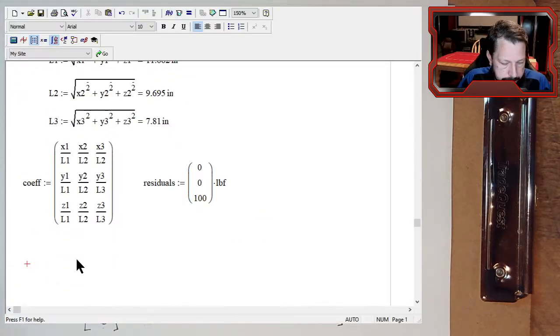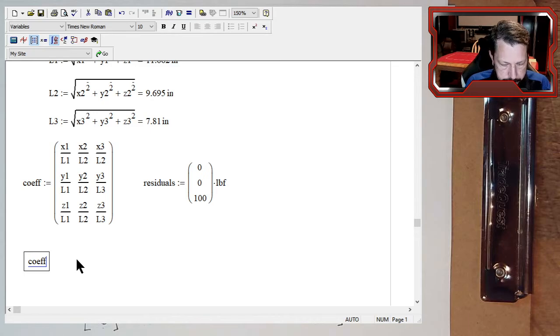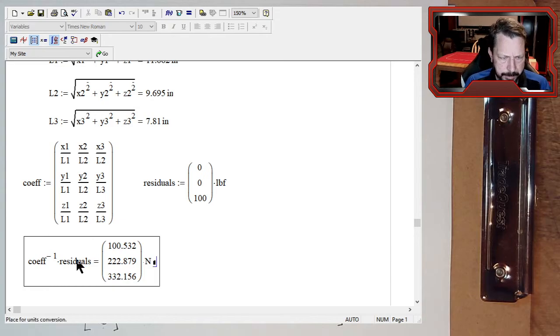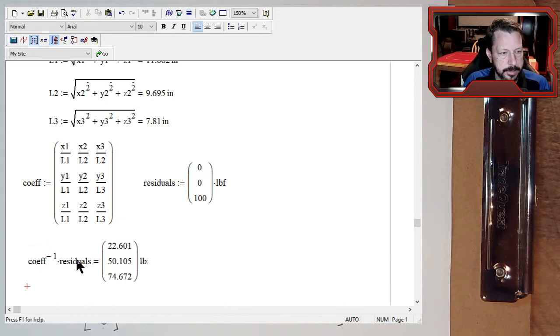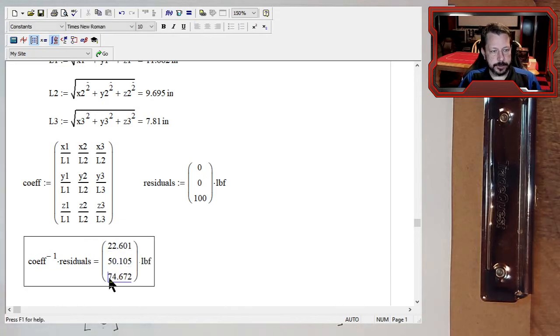Now all we need is to do our math. Coefficient, we want the inverse of that guy times the residuals, and just hit equals. It came out in pounds. I wanted newtons. I wanted in pounds. And these numbers, 22.6, that's the tension in cable 1. 50.1 is the tension in cable 2. And 74.7 is the tension in cable 3.